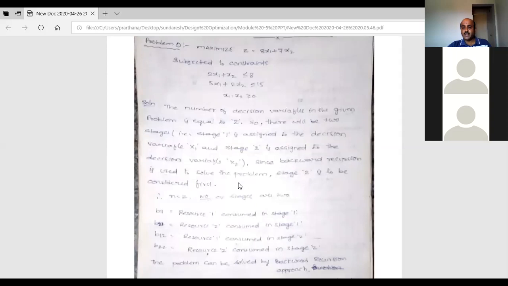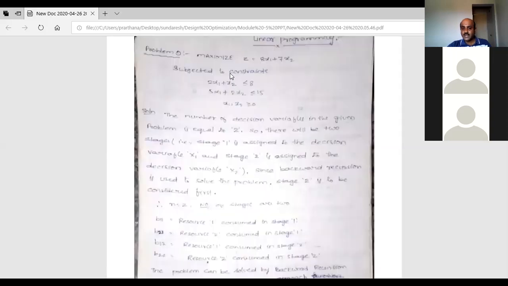In the constraint phase, stage 2 will have x2 only. We are taking only the x2 constraints here. So in the first constraint, x2 lies between 0 and b12, and in the second, it is nothing but 2x2, which will be less than or equal to b22.